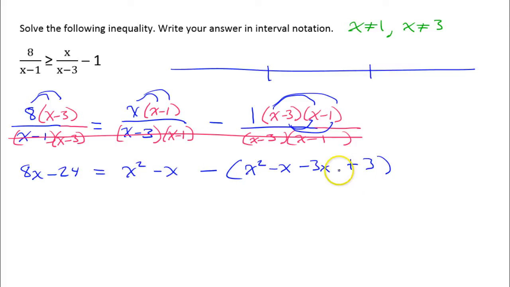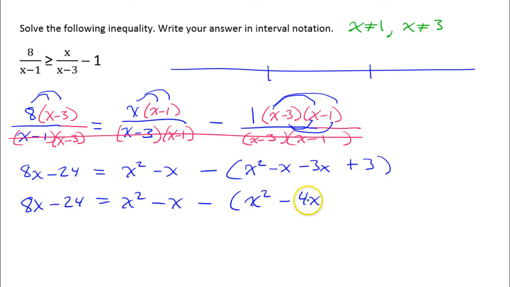So I have this. That gives me x squared minus 4x, just combining these like terms, plus 3. Notice how I left all this in parentheses. That's what you have to do when there's a minus sign hanging out there, or even any other number. Like say this was a 5.